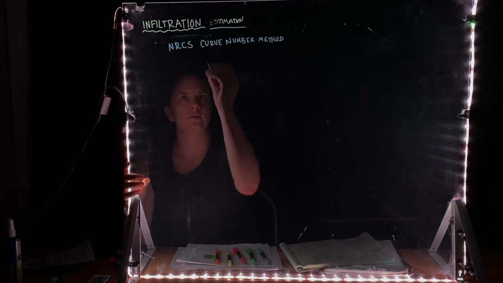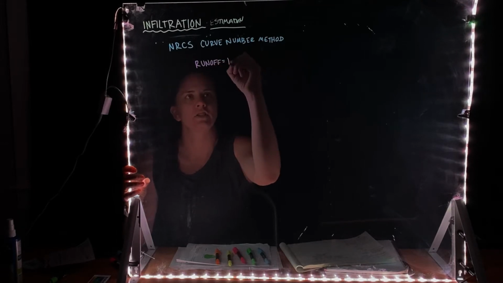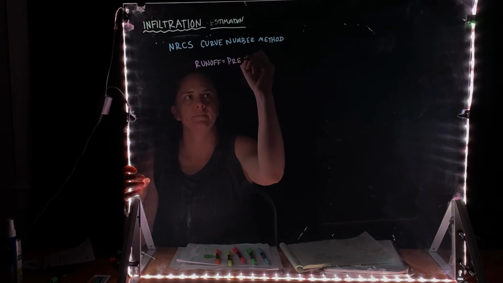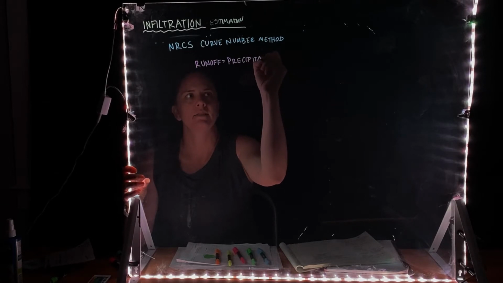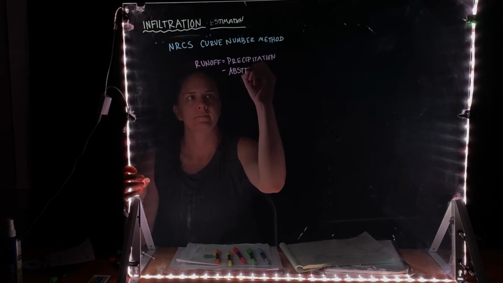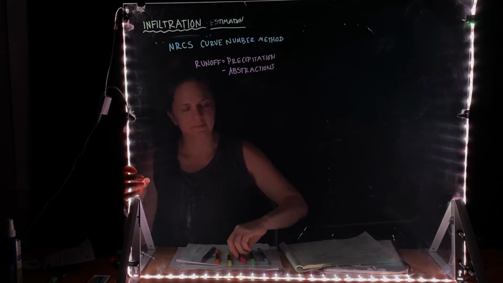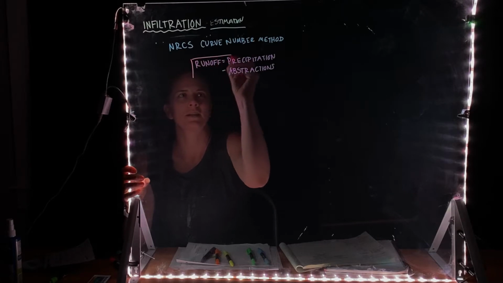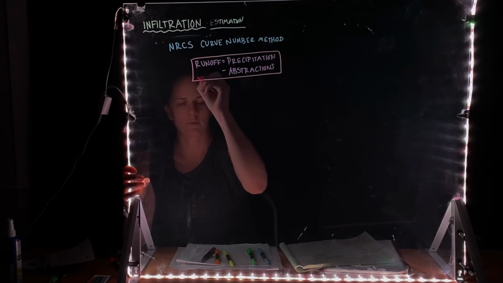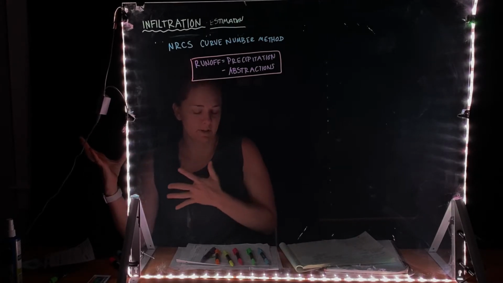The NRCS uses an equation that says that runoff is equal to the precipitation, which we've talked about, minus abstractions. That word is a little bit abstract, but really it's trying to capture all of the ways that precipitation doesn't make it to become runoff.